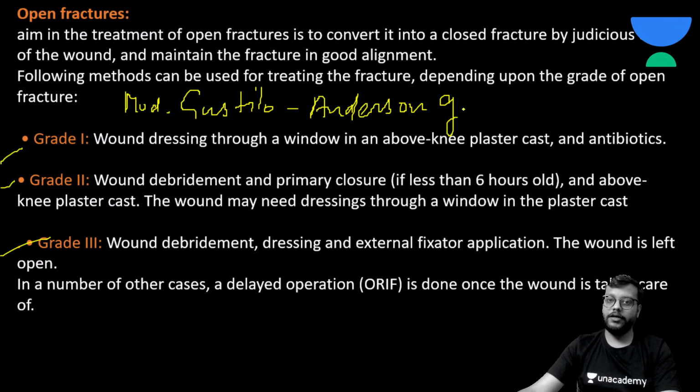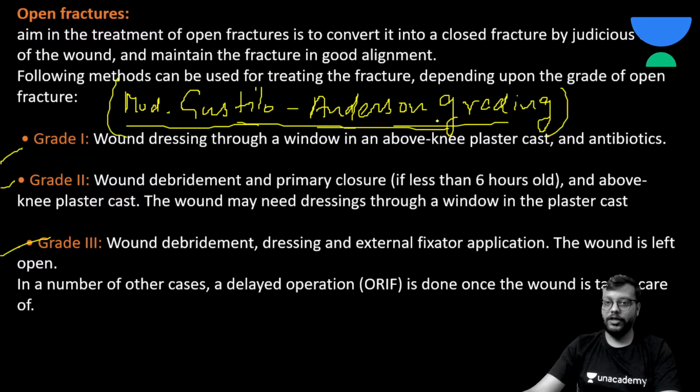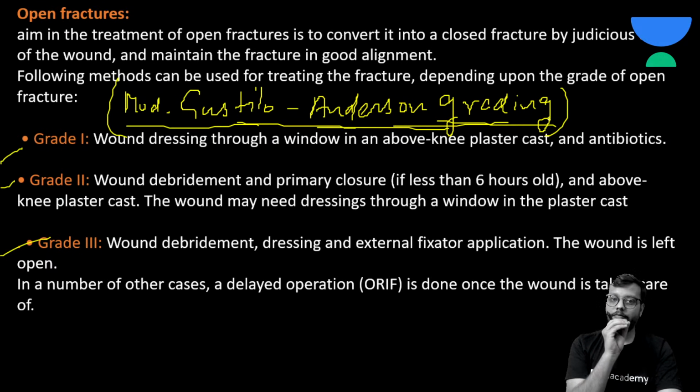Okay, modified Gustilo Anderson grading, जिसमें we have divided compound injuries into 3 grades 1, 2 and 3. फर्स्ट में 1 सेंटीमीटर से कम होता था क्लीन वुंड होता था, सेकंड में डर्टी वुंड हो सकता है more than 1 centimeter, और थर्ड जिसमें बोन एक्सपोजिंग और हाईली नेक्रोटिक और न्यूरोवैस्कुलर इंजरी है, तो ये सब was grade 3 fracture. सो ओपन फ्रैक्चर जो होता है उसका जो ट्रीटमेंट होता है वो कैसे डिसाइड होता है.